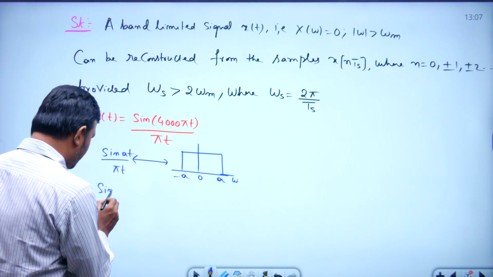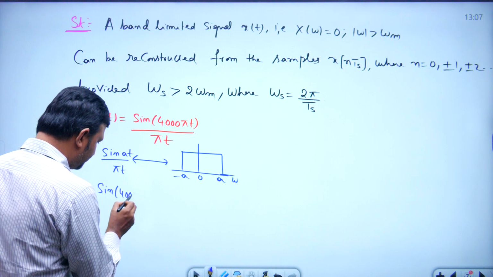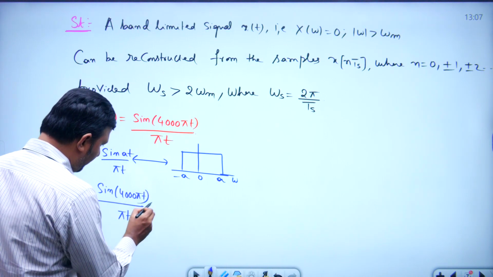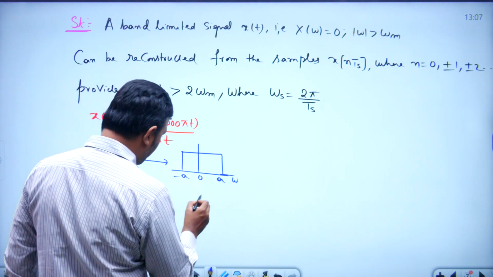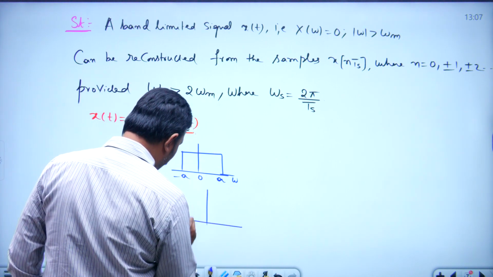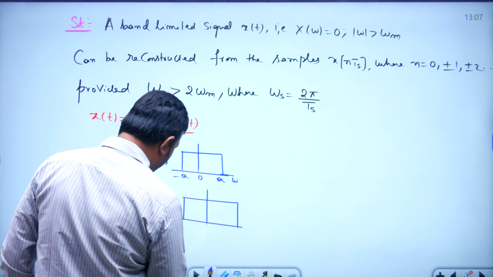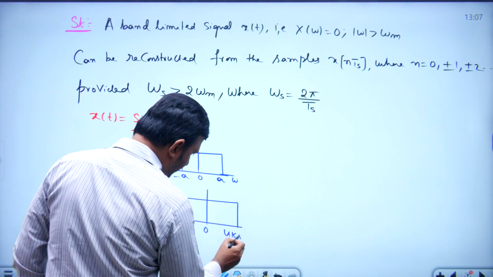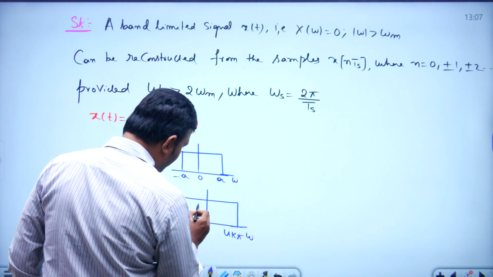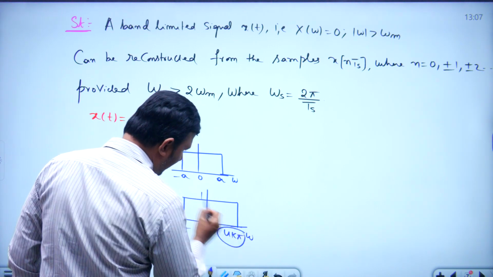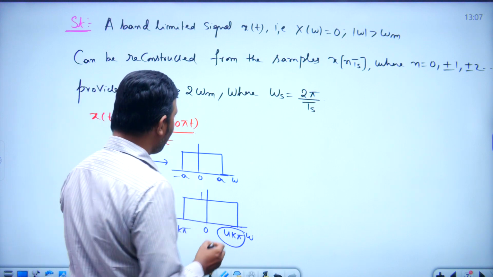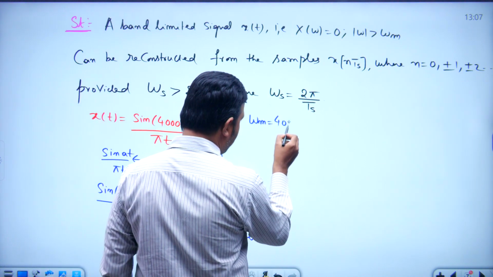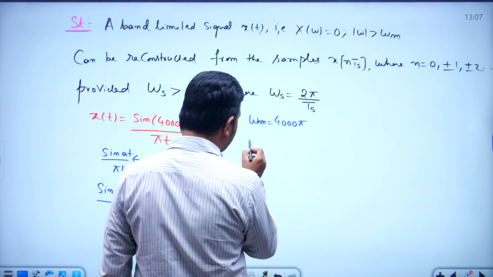So sin 4000 pi t by pi t forms a continuous time Fourier transform pair with a rectangular pulse varying from minus 4000 pi to 4000 pi. Now from this I got the highest frequency component. What is that? Omega m, 4000 pi.